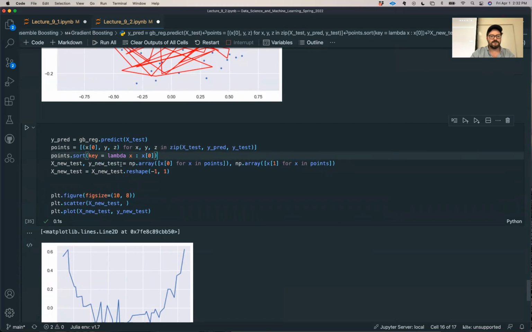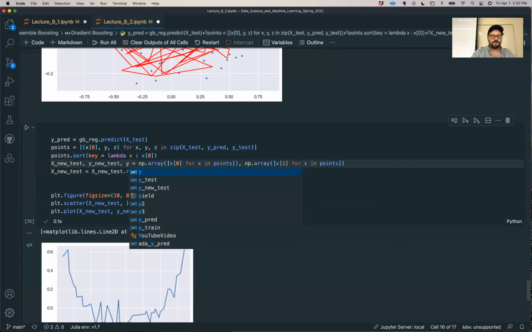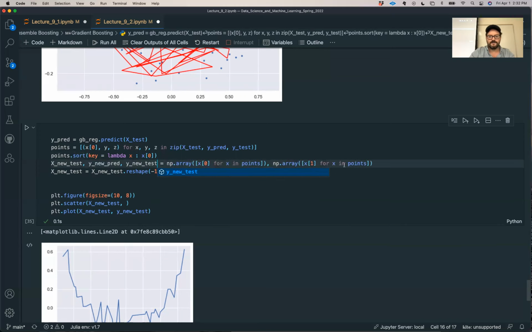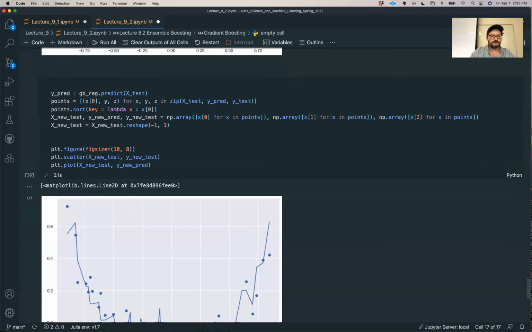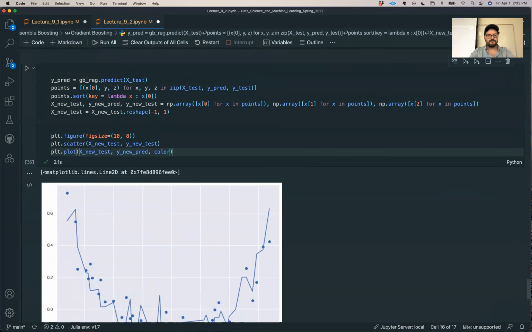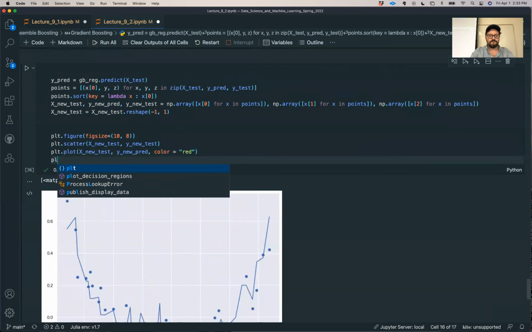Sort by the x entry and then y. So y predict, right? And then here, y new test. So I just have to copy that there. It's getting kind of long, but I'm just doing this on the fly, kind of hacking it together. There, y new test, y new predict. Please work. Okay, color equals red. Dot show.